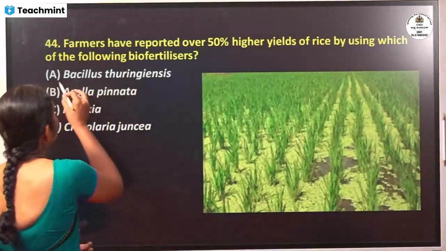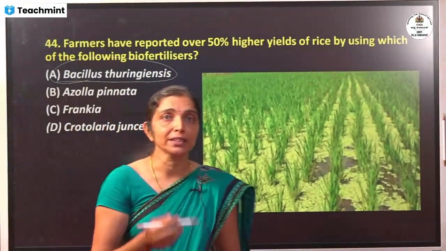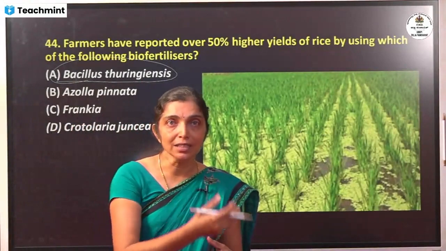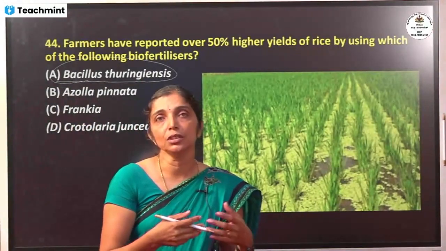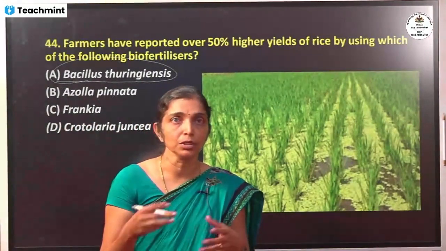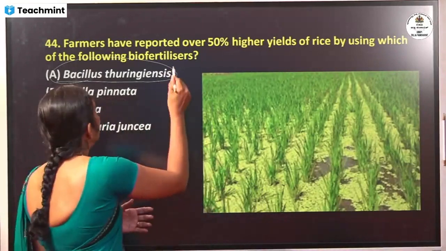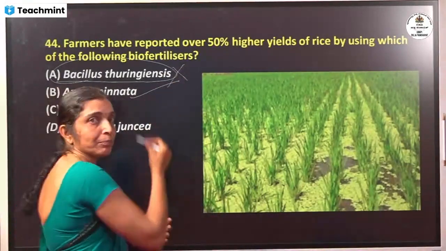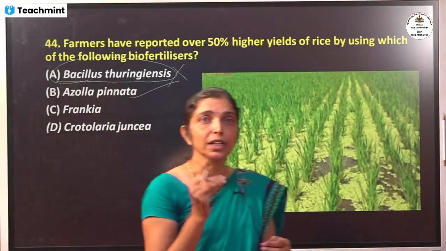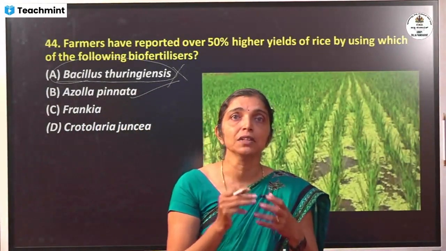Bacillus thuringiensis is actually a type of bacterium which acts as an insecticide, against specific insects like cotton bollworms. So this is definitely not the one. We have Azolla pinnata. Azolla is a nitrogen fixing organism, and it is the one used by the farmer.